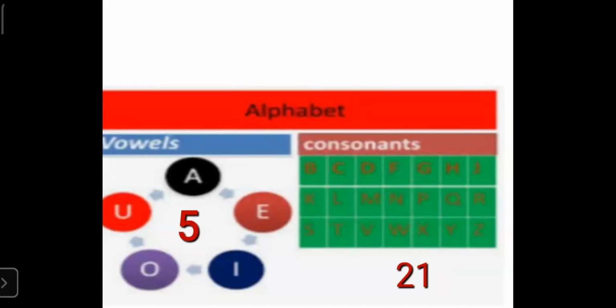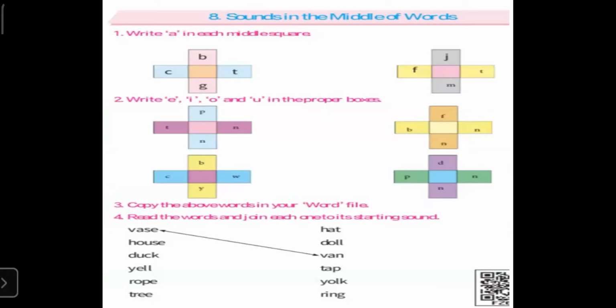Vowels, V-O-W-E-L-S, vowels. What are the vowels? Letters like A, E, I, O, U are called as vowels. So let's start with the lesson now. In this lesson, we are going to add vowels in the middle of the alphabets and make new words.